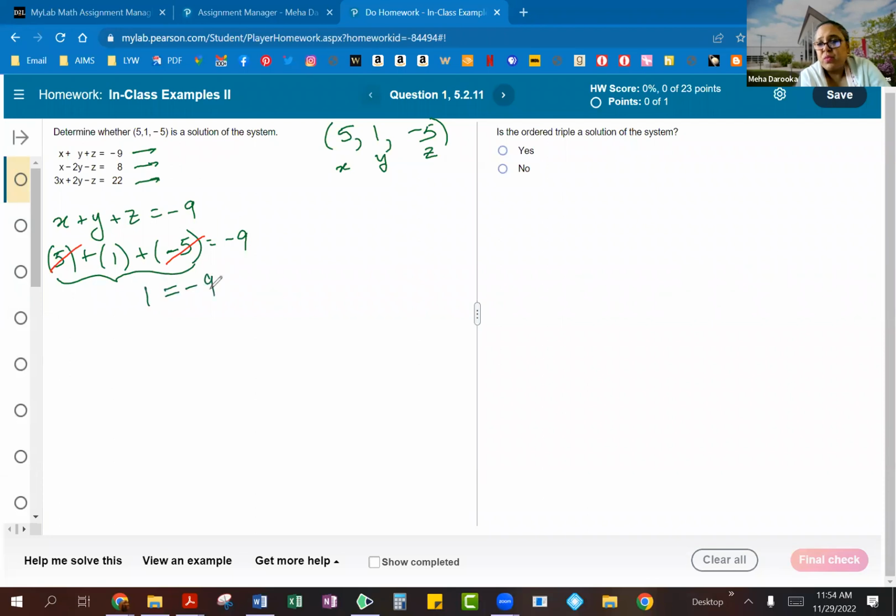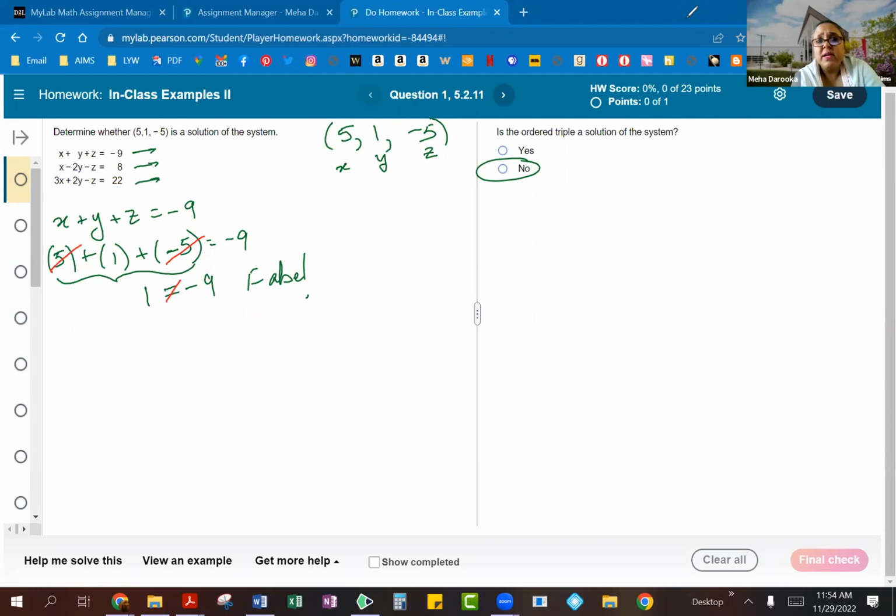And you end up with 1 equals -9, which obviously we know is not true. So we are getting a false statement over here. Honestly, you don't need to go any further than that, because if you already got false on the first one, it doesn't matter if it checks out with the other two, right? It doesn't work on the first one. So this is telling us, no, this is not a solution to the system.